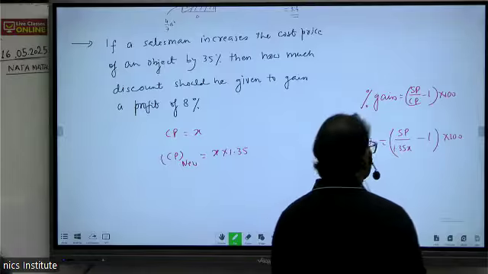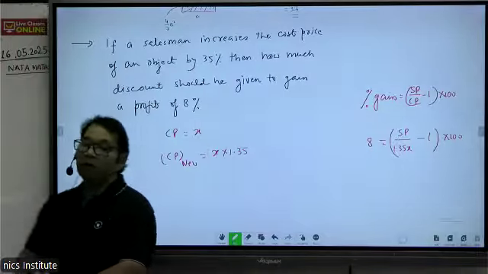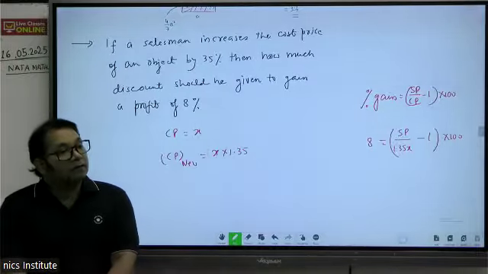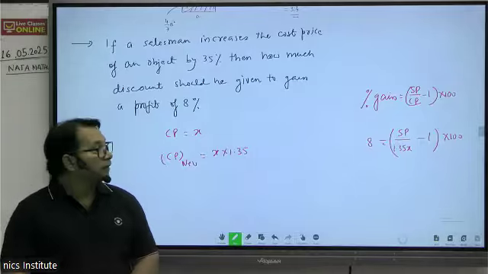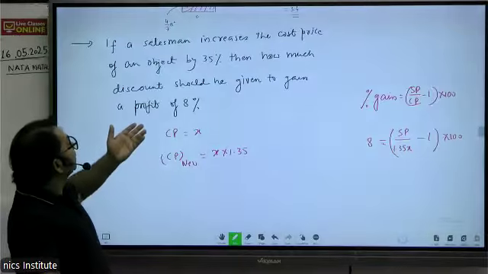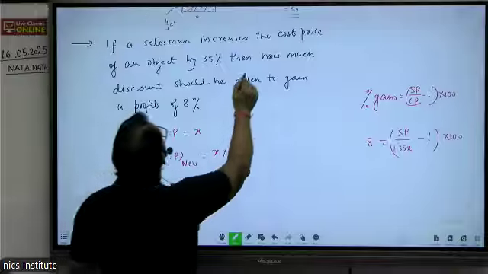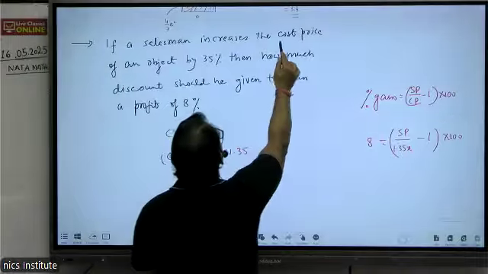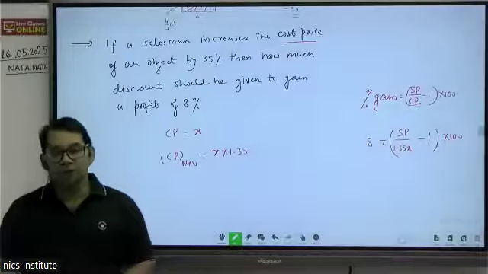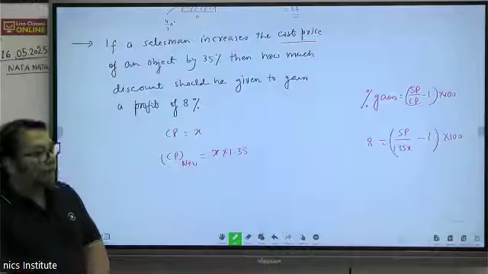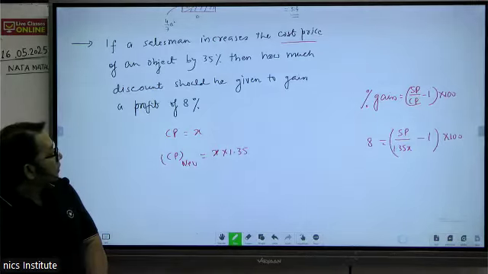No. See, for him, what is the cost price? Salesperson. I mean, for him, in fact, this is basically SP for the customer. This is SP for the customer, sale price for the customer. So which has increased by 35%.